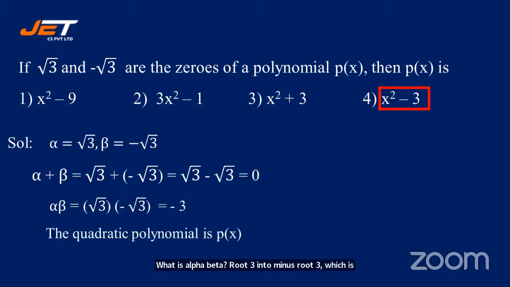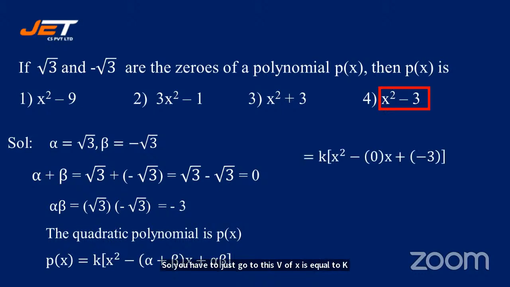So the quadratic polynomial p of x is equal to k into x square minus alpha plus beta into x plus alpha beta. Substitute the values: k into x square minus, alpha plus beta is 0, so 0 into x is 0, and alpha beta is minus 3.